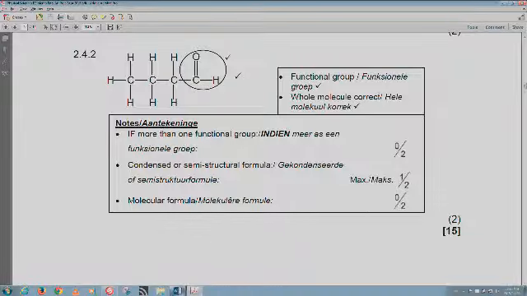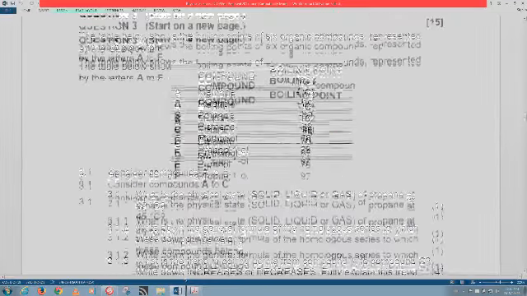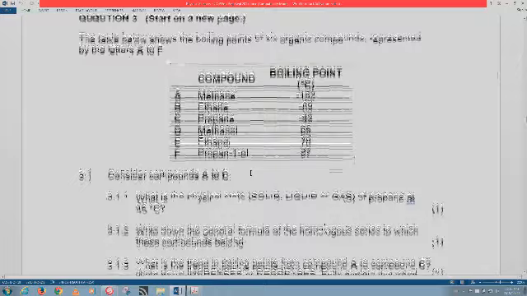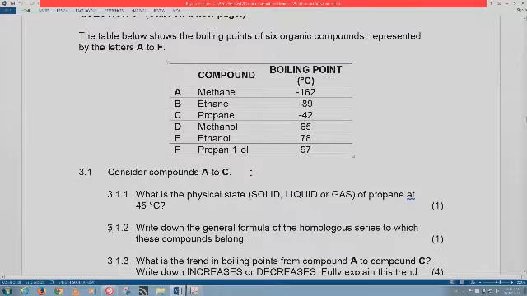Now, let us move to question 3. In question 3 there, the table below shows the boiling points of 6 organic compounds represented by the letters A to F. And those organic compounds are represented there in the table.